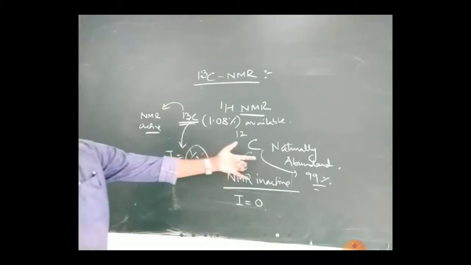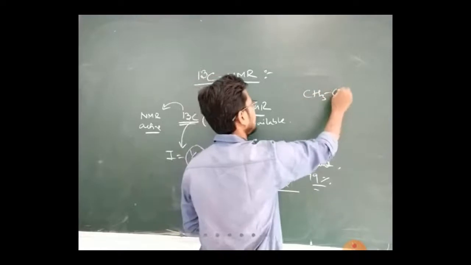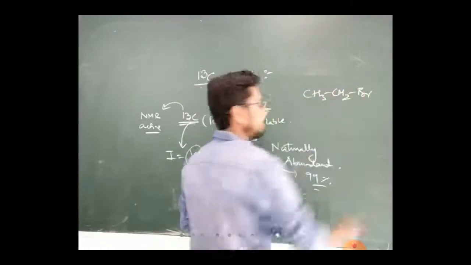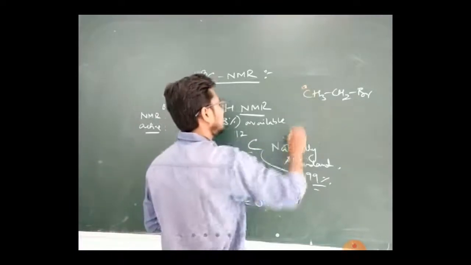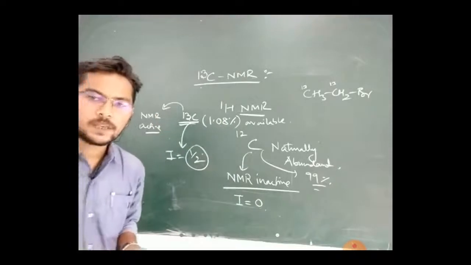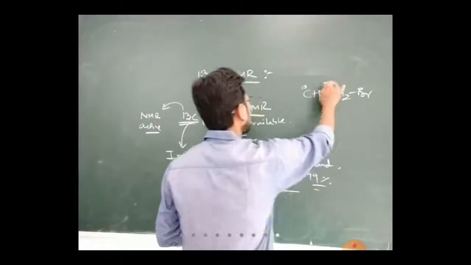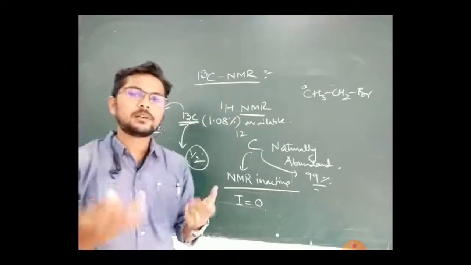That means if you have a compound, say again the same example, the probability of this carbon being 13C and this one also being 13C is almost negligible. In one particular compound, two adjacent carbons will never both be 13C active.